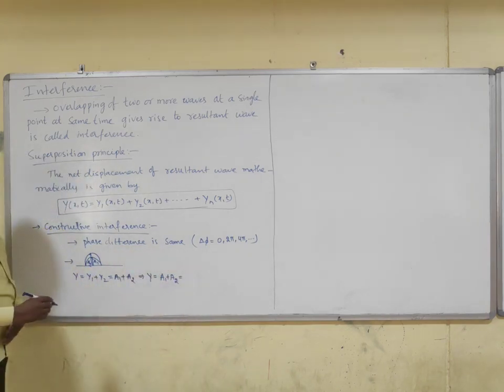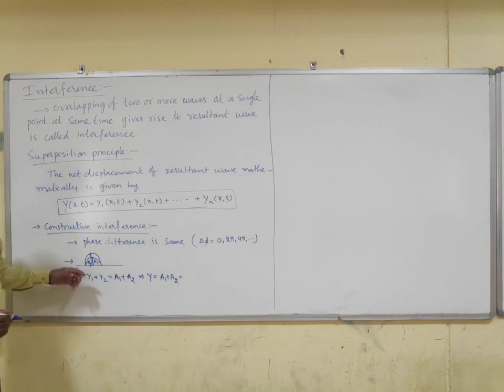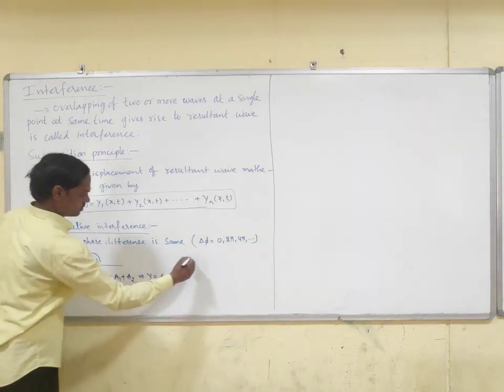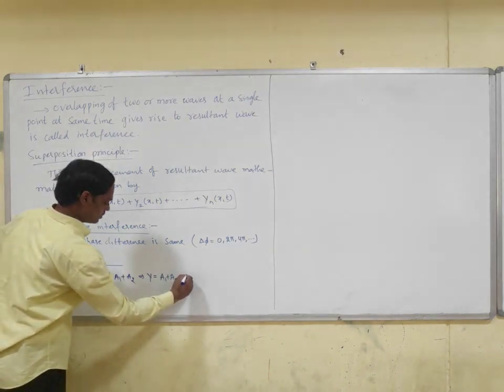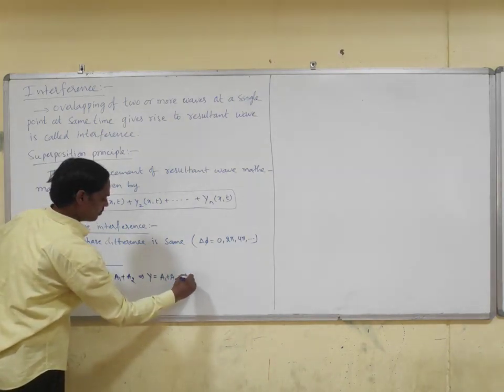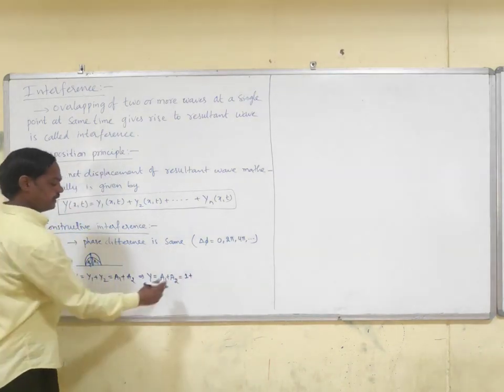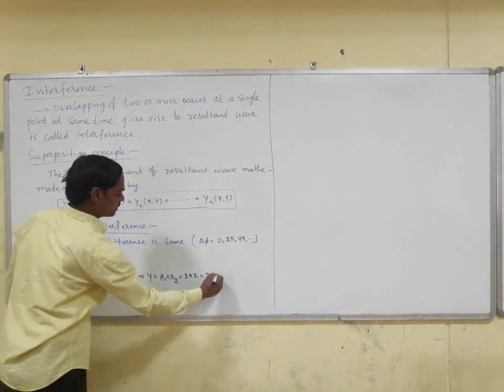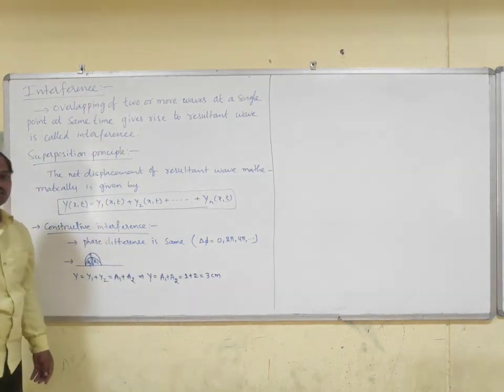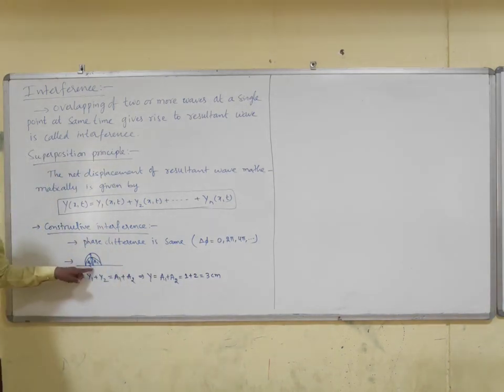So A1 plus A2 means how much? For example, if A1 is equal to 1 centimeter, A2 is equal to 2 centimeter, total will be 3 centimeter. This is the way to calculate resultant displacement, and this type of interference we call constructive interference.